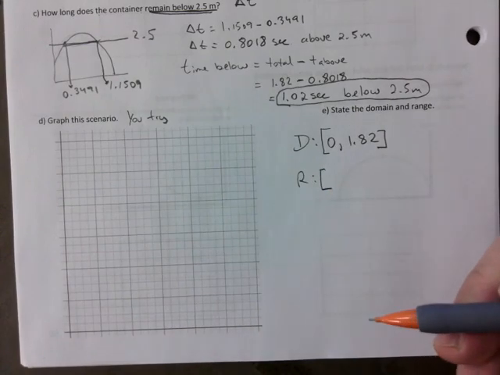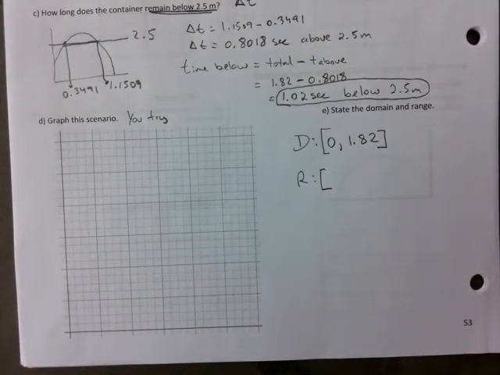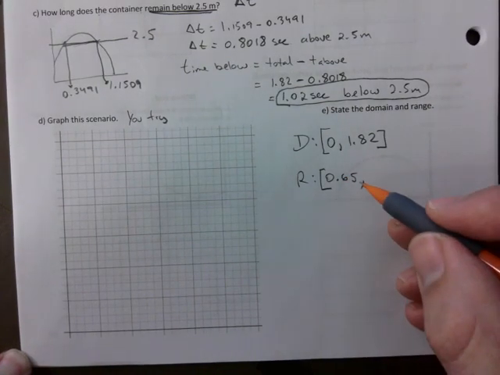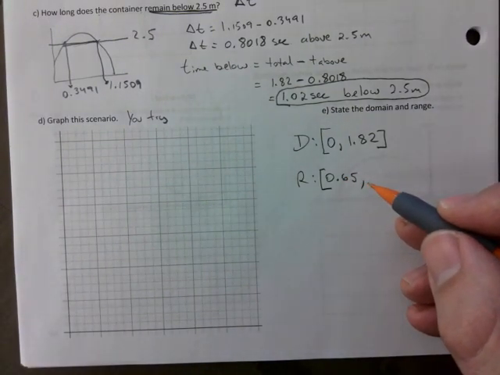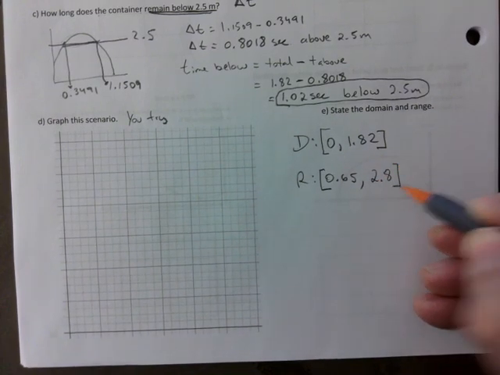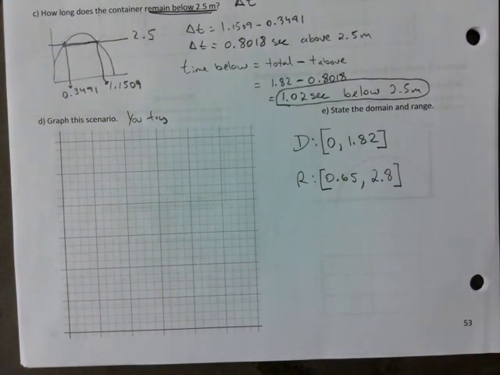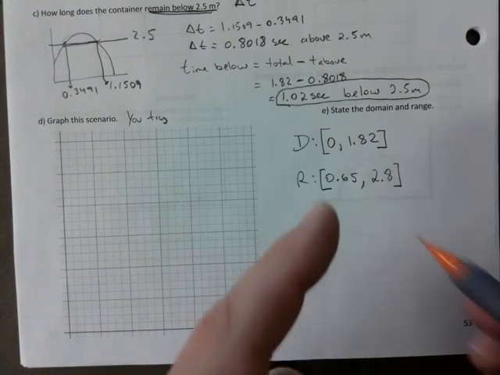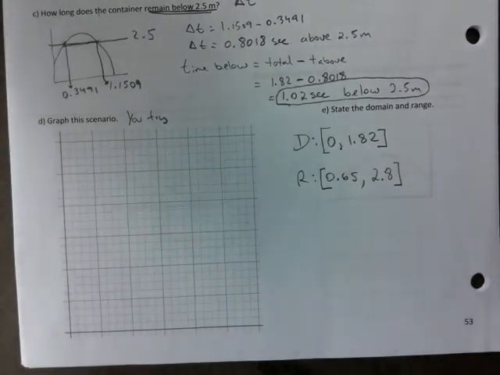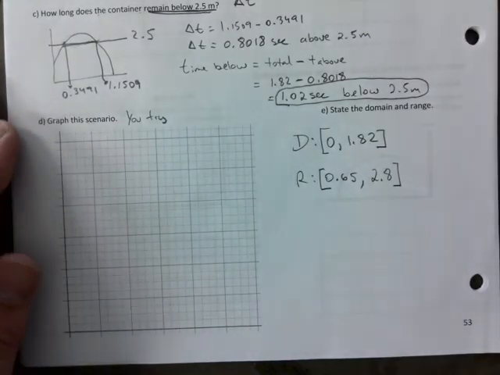My range, the lowest height you ever get to is the rim of the can, so that's 0.65, and the highest you ever go is your vertex, which has a height of 2.8. So it's always smallest then largest, okay? That's very important for you to understand.